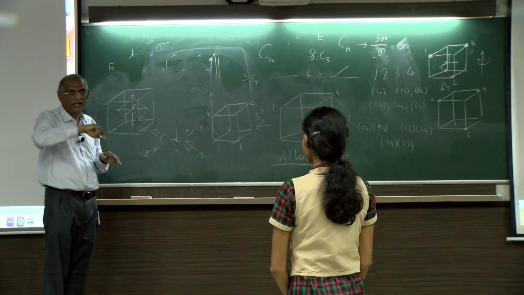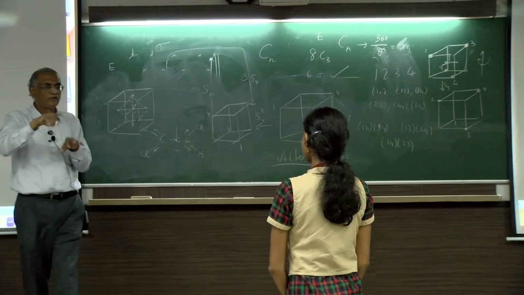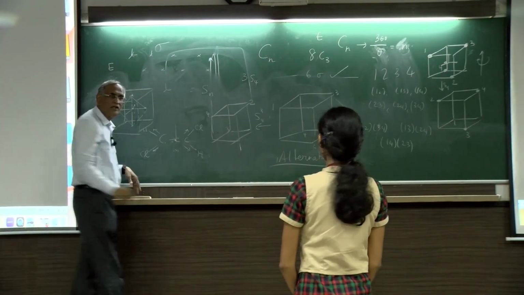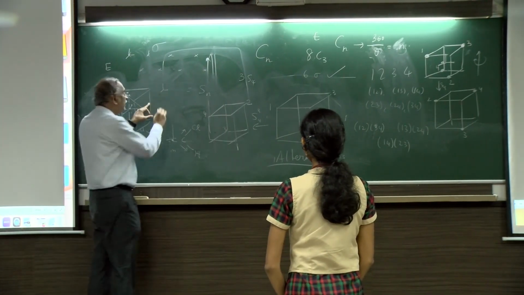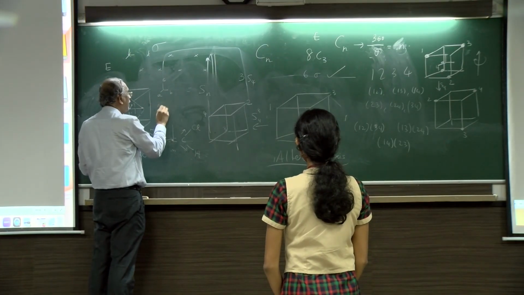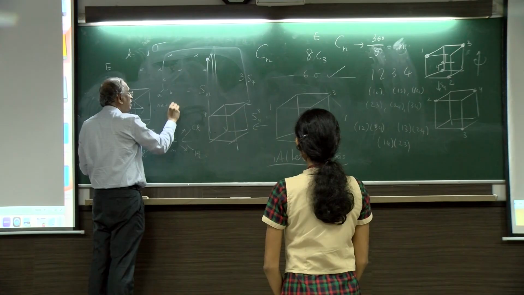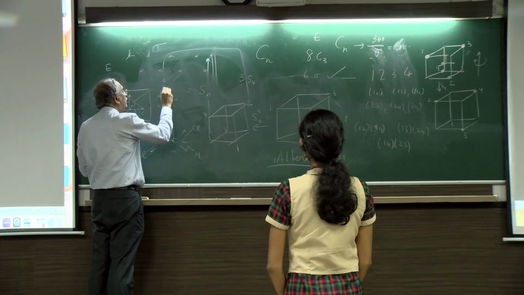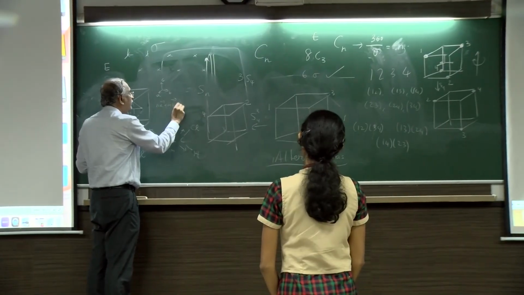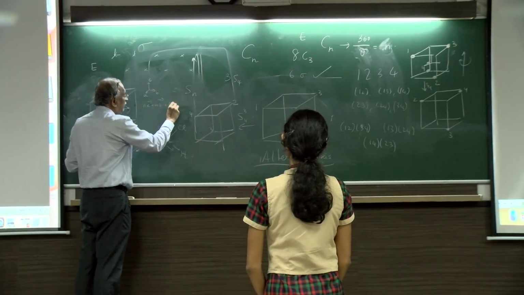So when you translate the solid across what are called the lattice vectors A, B, C, every lattice point is formed as a combination nA plus mB, plus maybe lC if you want.